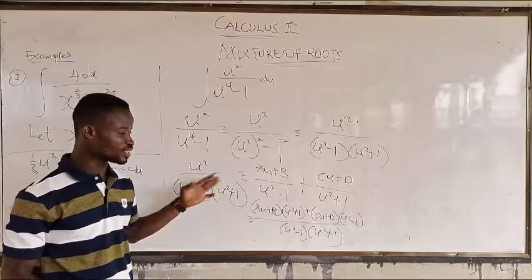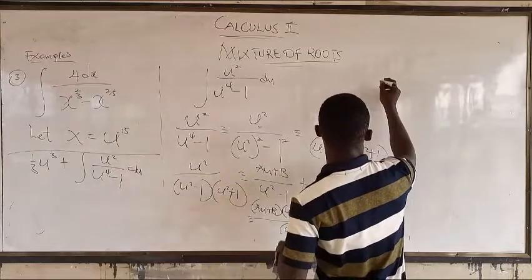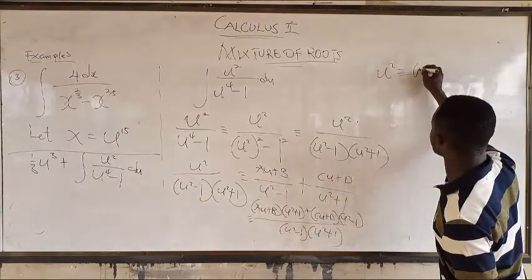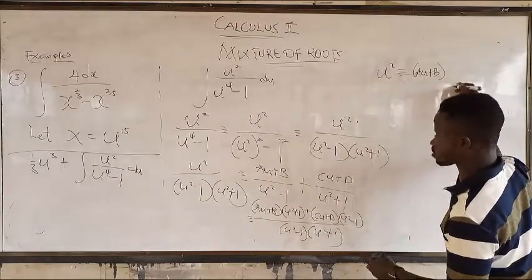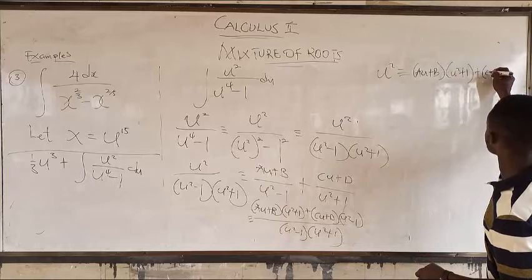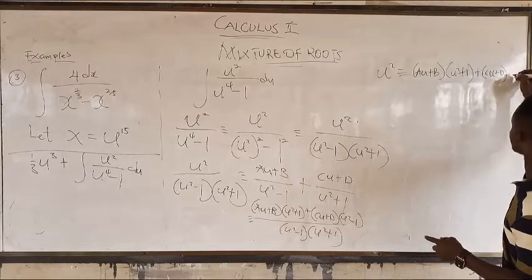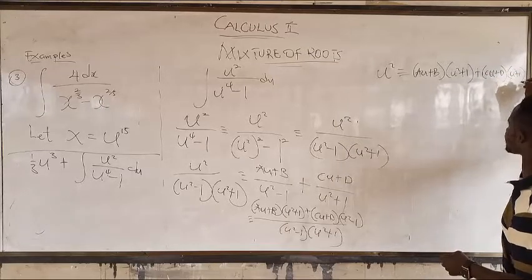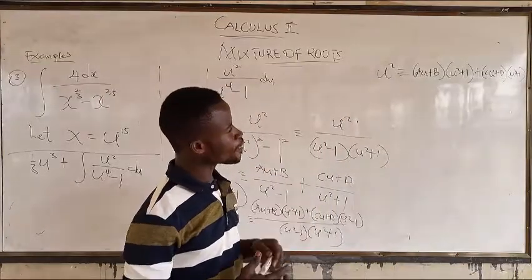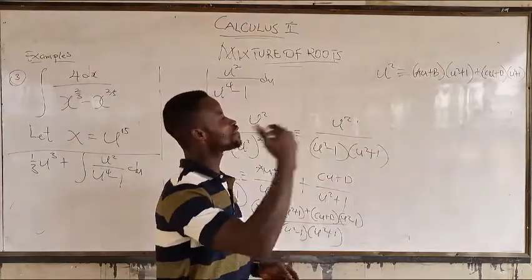So if this is identical to this, then we can equate the numerators. So when you equate the numerators, you get u square to be identical to au plus b times u square plus 1, plus cu plus d times u square minus 1. Hope you can see that. Very good. And then with this, we can go on to expand and simplify the right hand side.